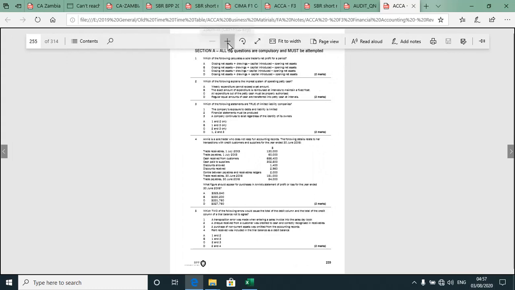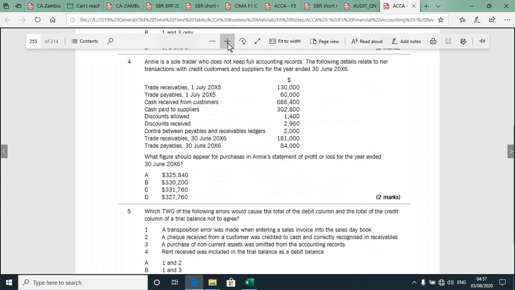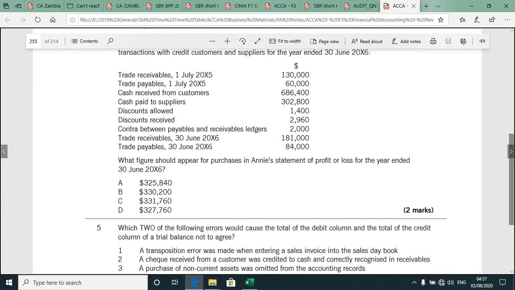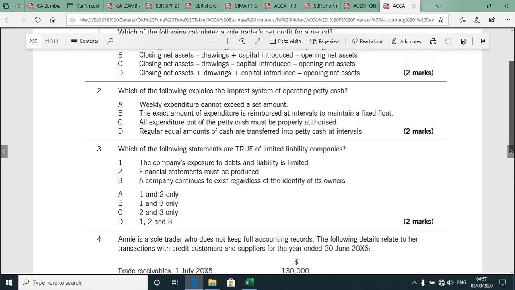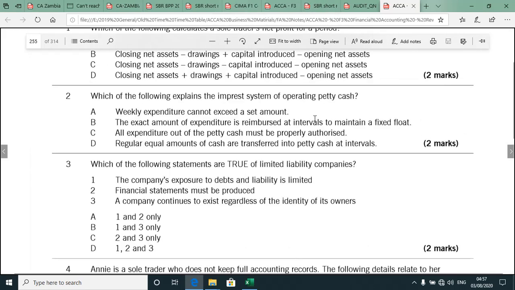Let us progress to the next question. This is question 2. It says, which of the following explains the imprest system of operating petty cash? A says weekly expenditure cannot exceed a set amount. And then B says the exact amount of expenditure is reimbursed at intervals to maintain a fixed float.